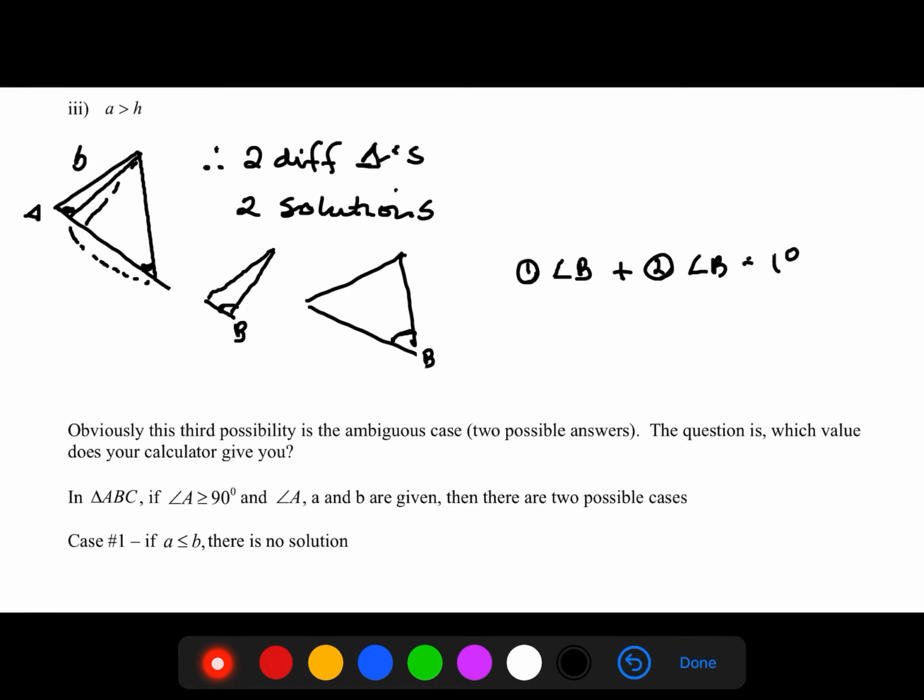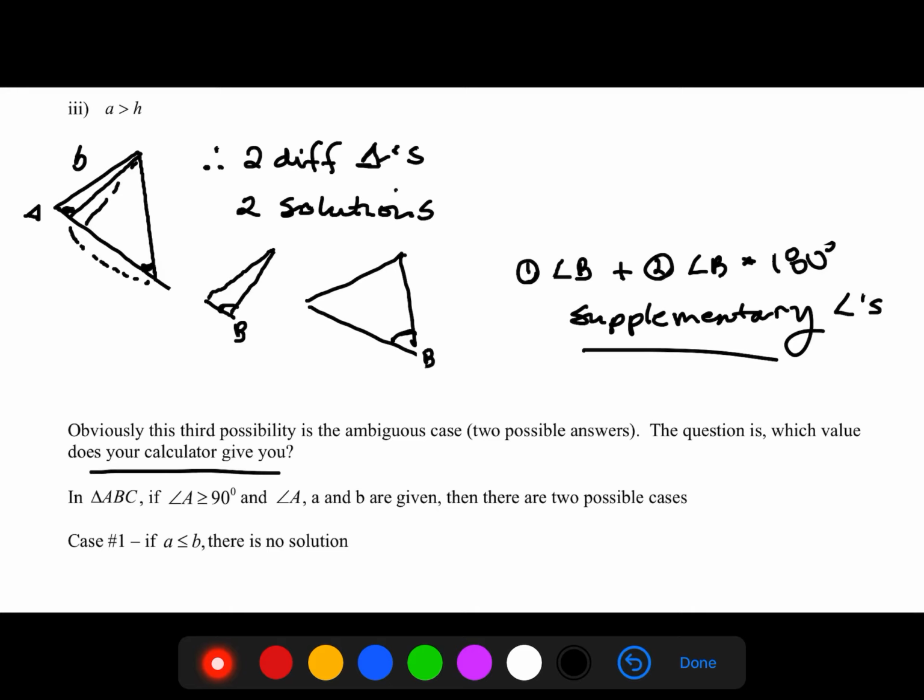Now, if this is angle B, our first angle B plus our second angle B are going to add up to 180 degrees, which means they are supplementary. So we can always find the second one by taking 180 minus the acute angle.